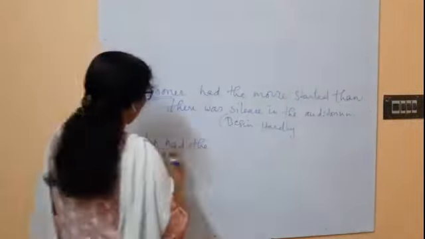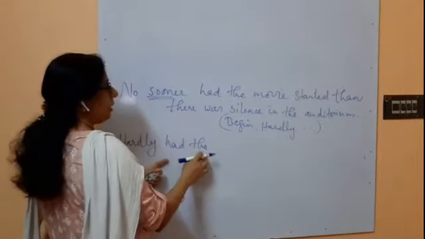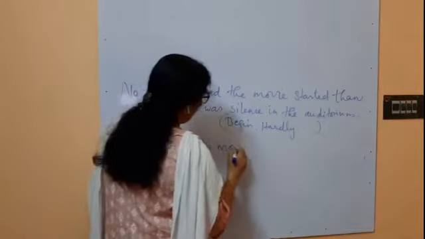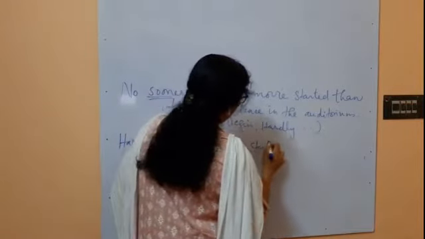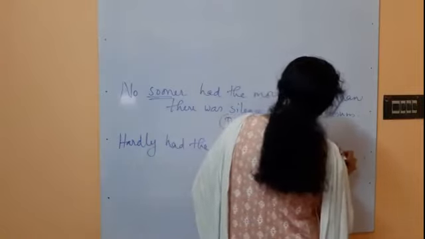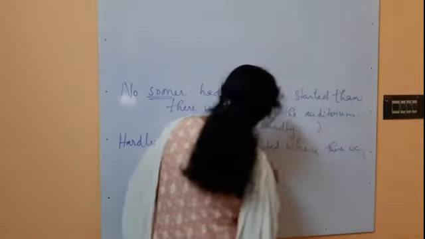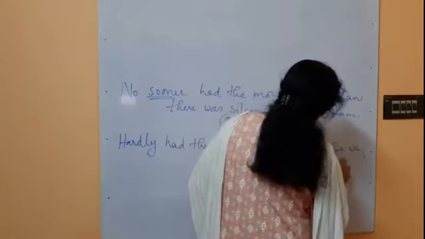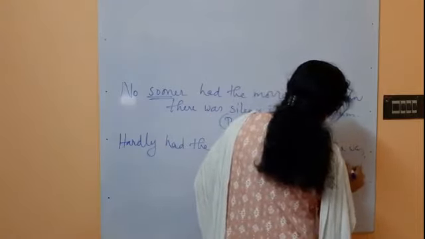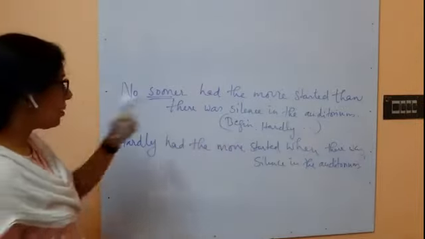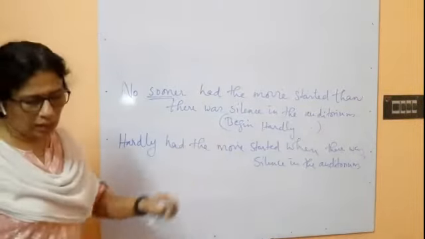So hardly had the movie started when there was silence in the auditorium, or before there was silence in the auditorium. This is how we will combine by using hardly.